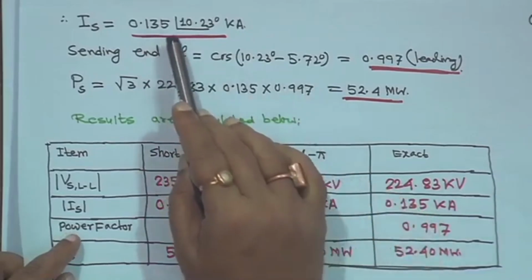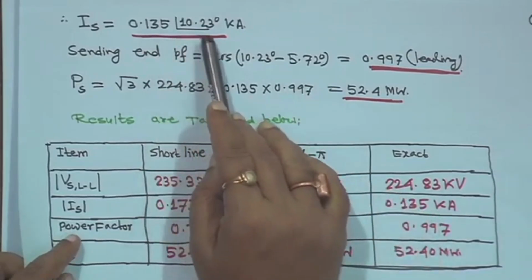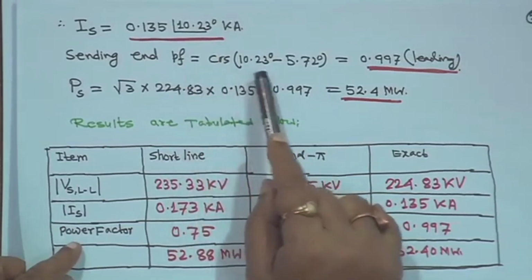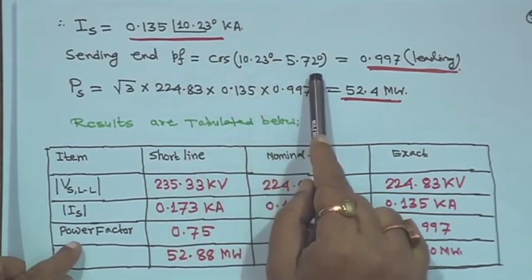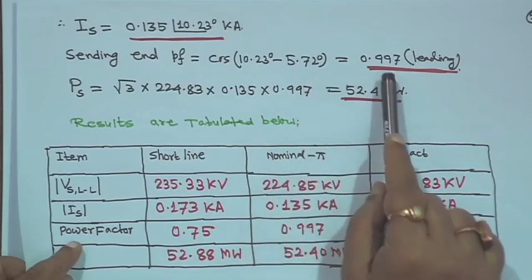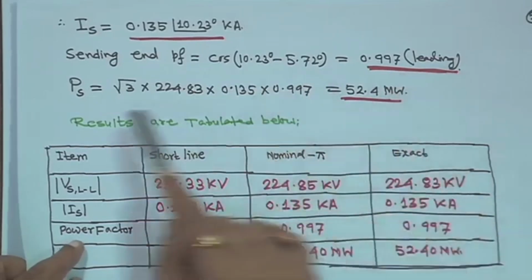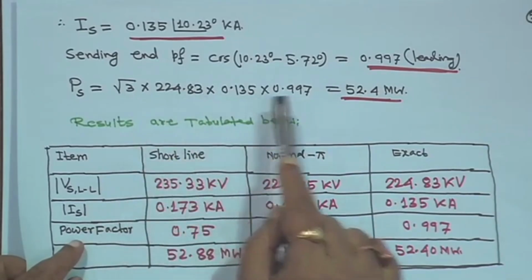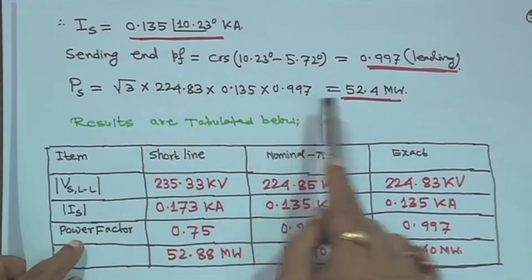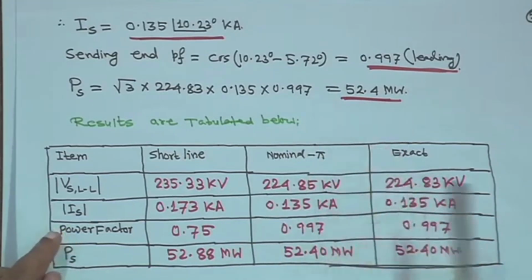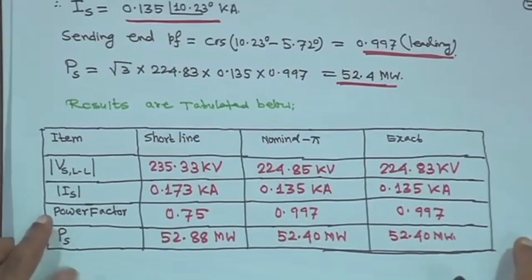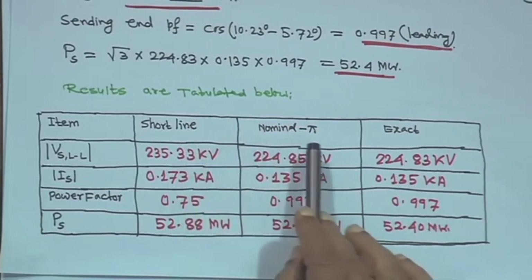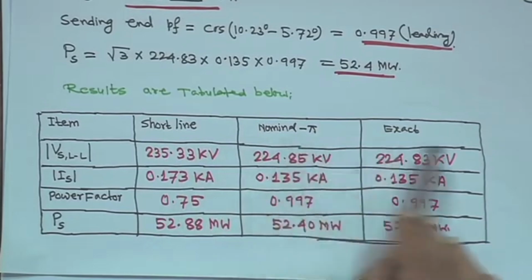So, current actually is leading the sending end voltage here also. So, power factor will be cosine 10.23 minus 5.72 degree, same as before, that is 0.997 leading. So, sending end power is equal to root 3 into VR into this current magnitude into 0.997 power factor, that is 52.4 megawatt.